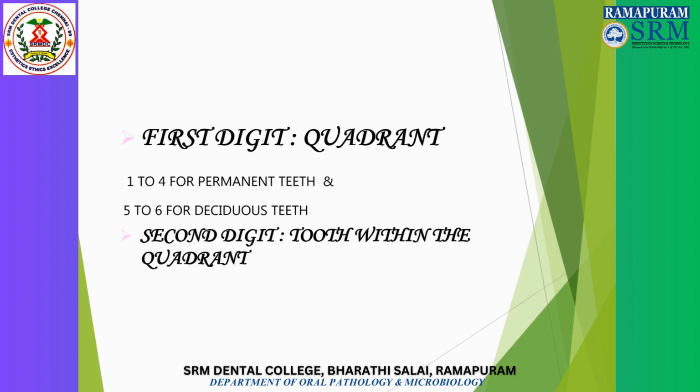As I said, the first digit is going to be the quadrant. We are going to use numbers 1 to 4 for permanent teeth and 5 to 8 for deciduous teeth. Here we are not using alphabets at all, only numbers. The second digit denotes the tooth within that particular quadrant.